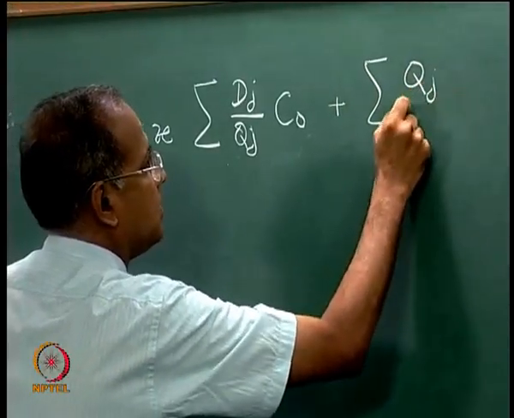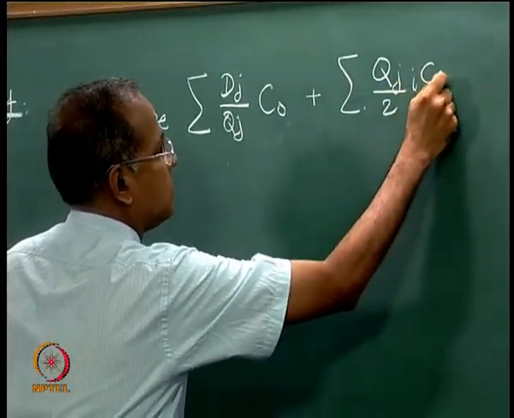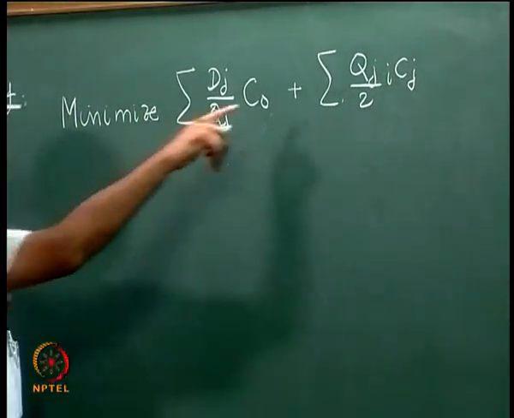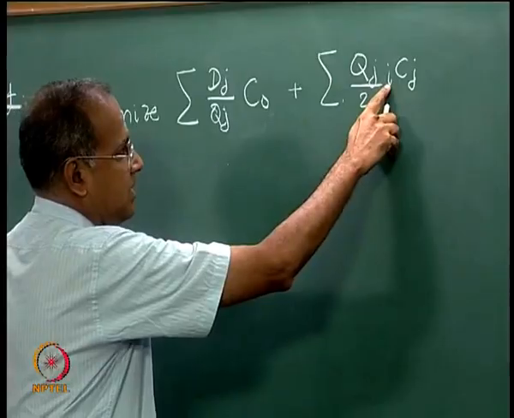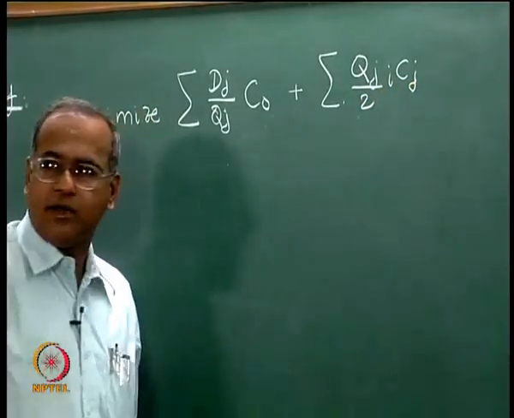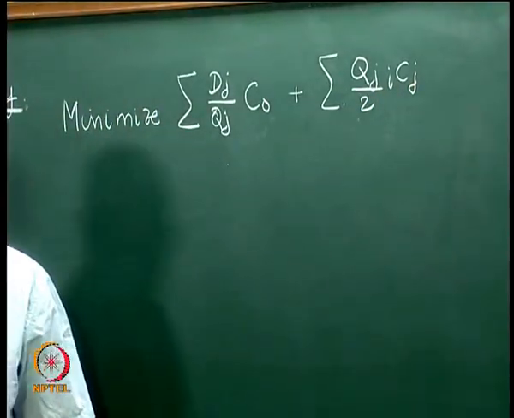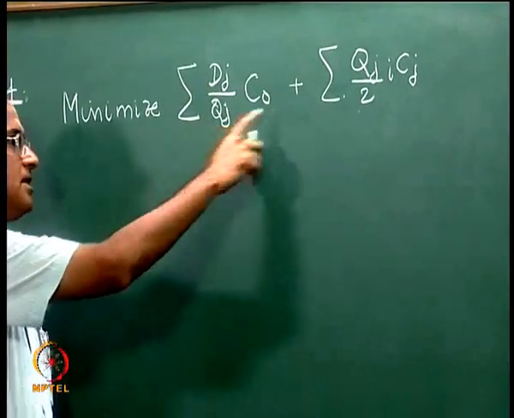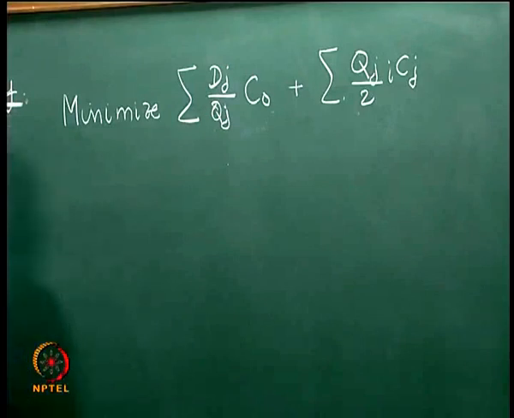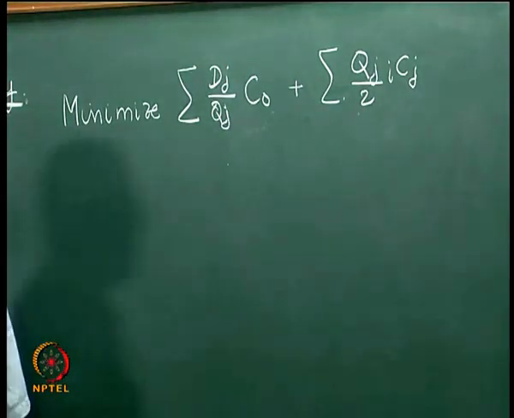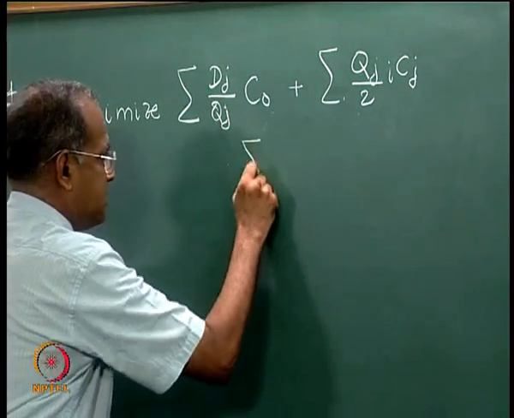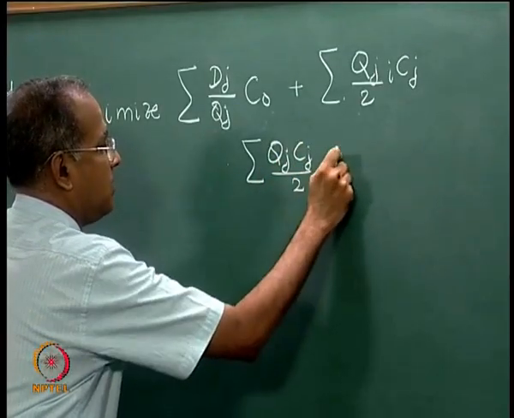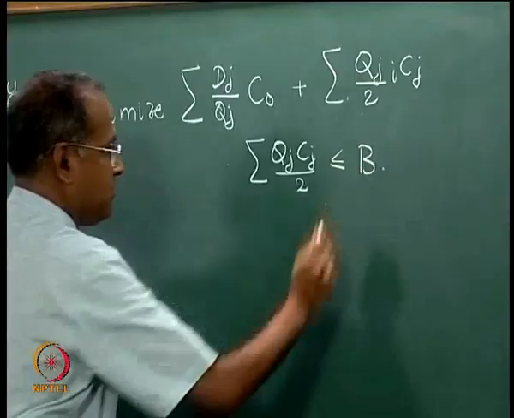Qj by 2 is the average inventory, I into Cj is the inventory holding cost per unit per year, here the demand is also in years. So, this represents the cost of ordering plus cost of carrying, subject to the condition that the sum of Qj Cj by 2 is less than or equal to some b.